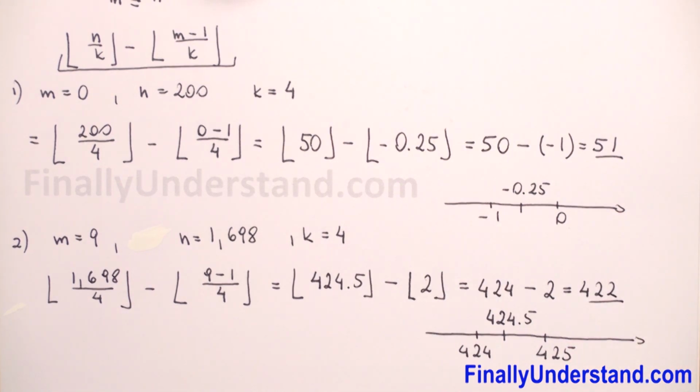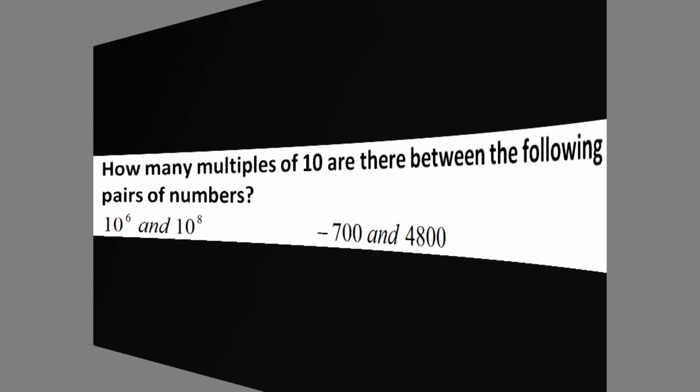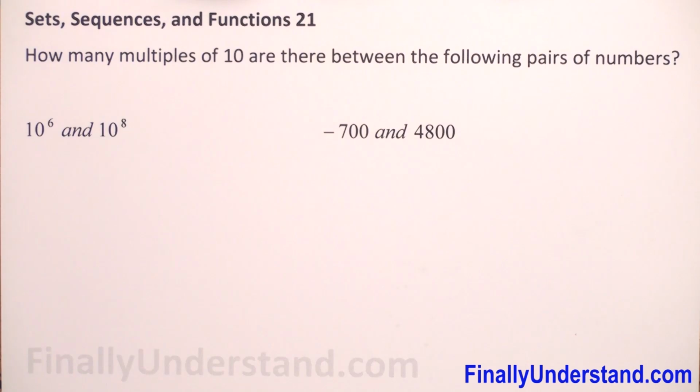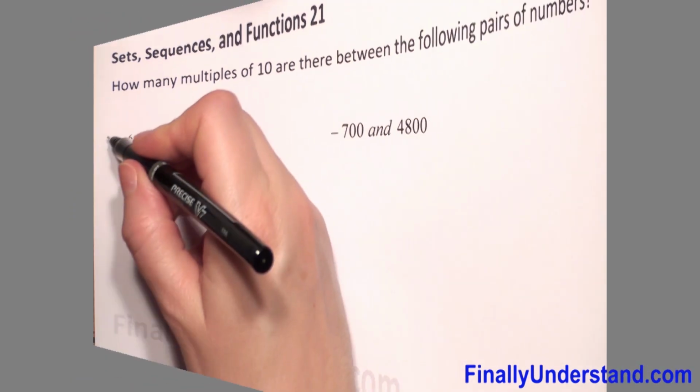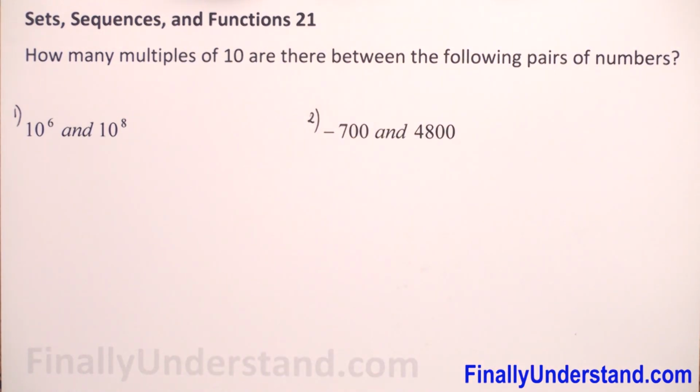This is my solution. We have to find how many multiples of 10 are there between the following pairs of numbers. We have 10 to 6 power and 10 to 8 power in the first example, and in the second we have negative 700 and 4800.